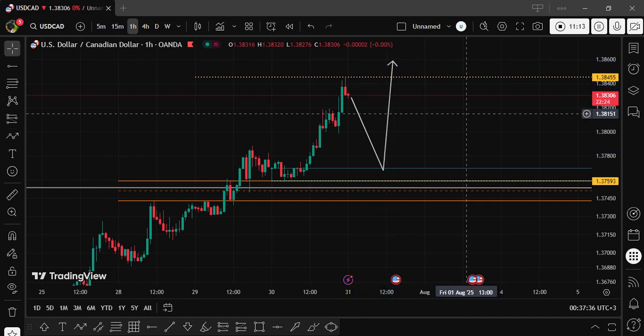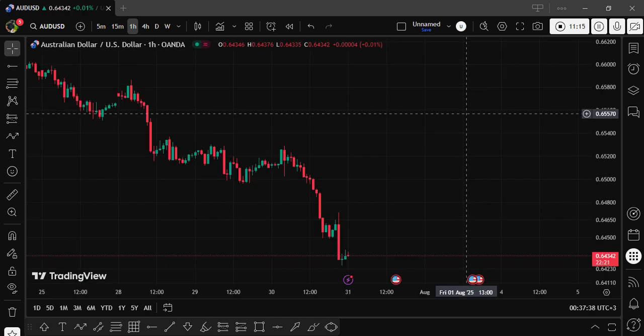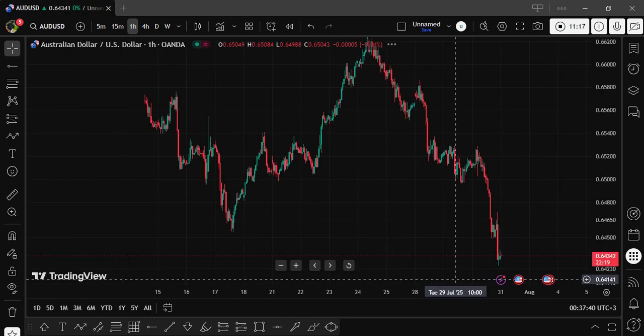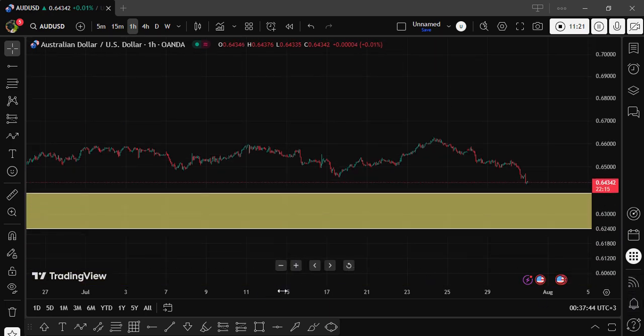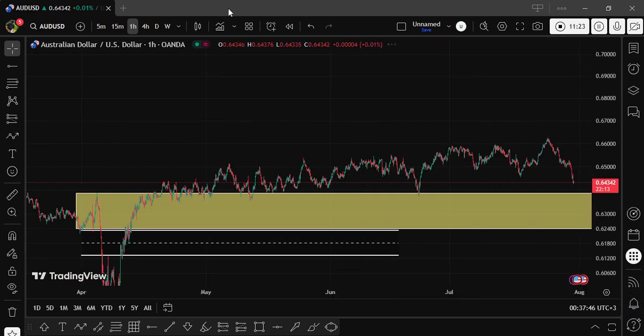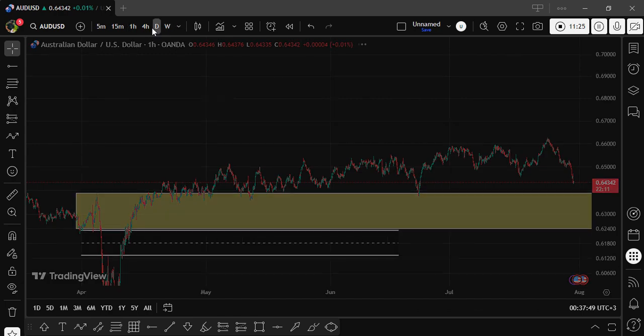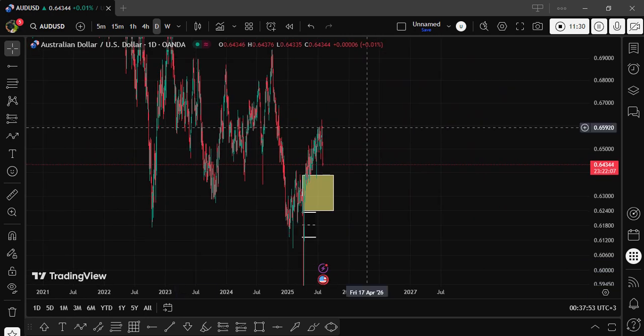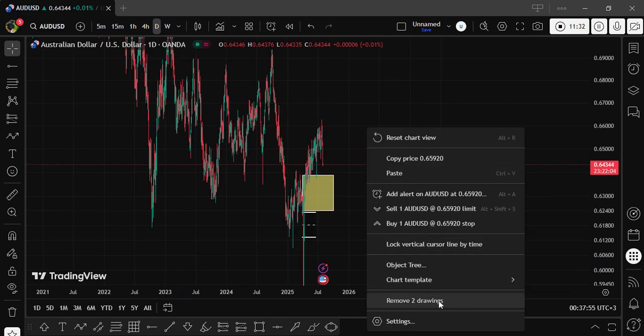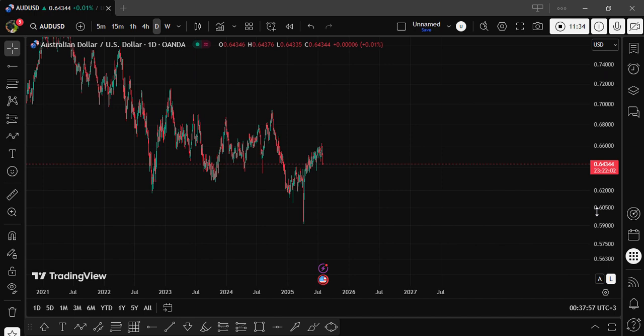You understand? So on AUDUSD, actually, I've not yet analyzed it. Just looking at it, waiting for price to come. It has actually been a while since I last traded AUD, but it was a nice pair.